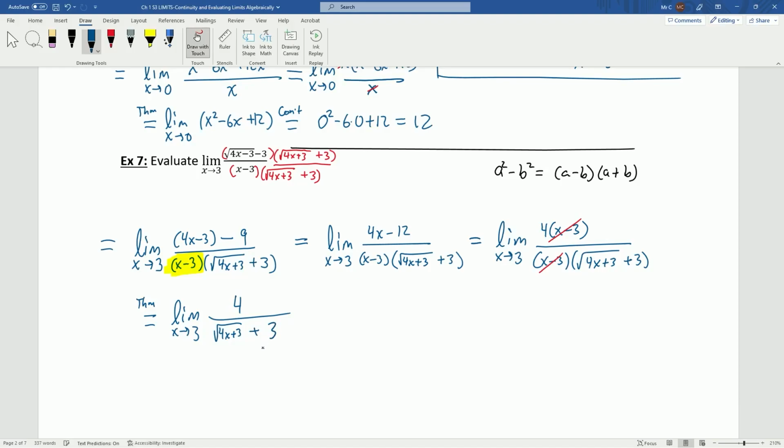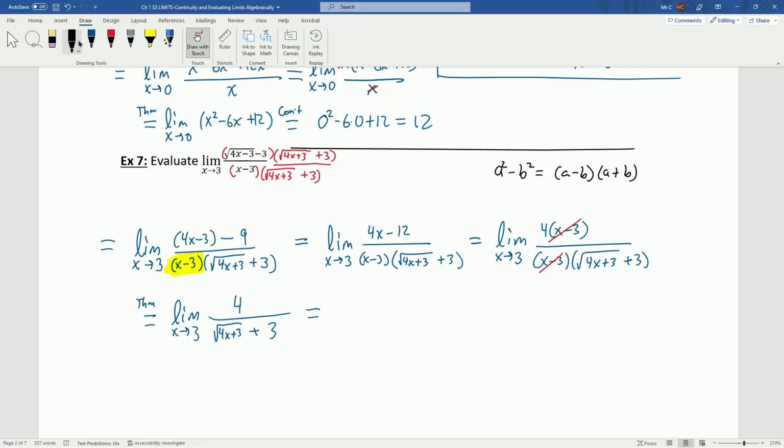plus 3. So now, as long as whatever's in the square root is positive and I don't get 0 in the denominator, this thing is continuous. So let's check. Well, when I plug in 3, I get 4 times 3 is 12 plus 3. That's the square root of 15 plus 3. Oh, wait a second.